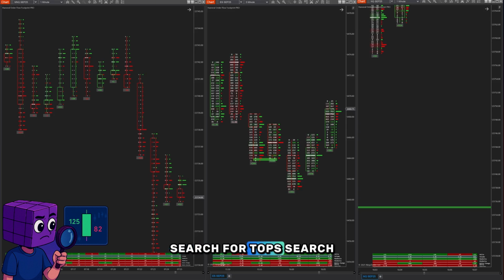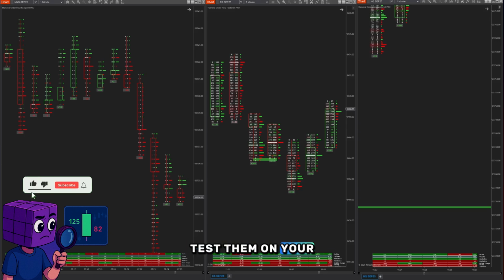Search for tops, search for bottoms, look inside the candles, observe how many levels, how much volume, how strong the absorption is, how big the candle is, and make your own settings that fit your trading style and your strategy.